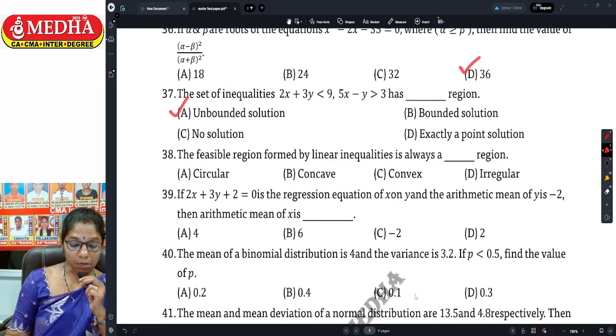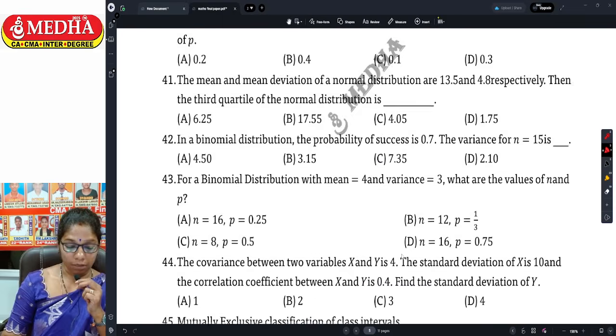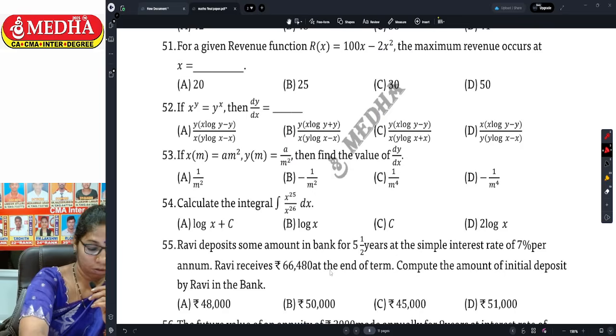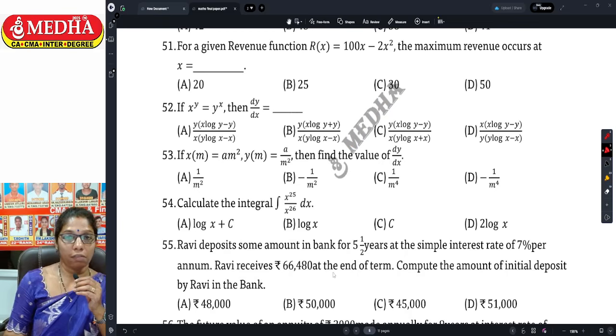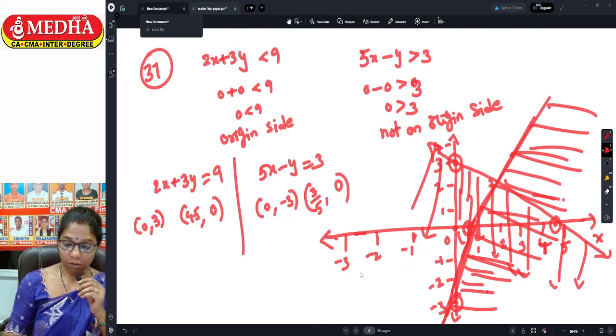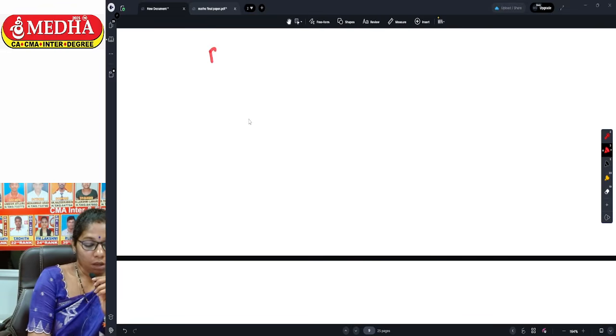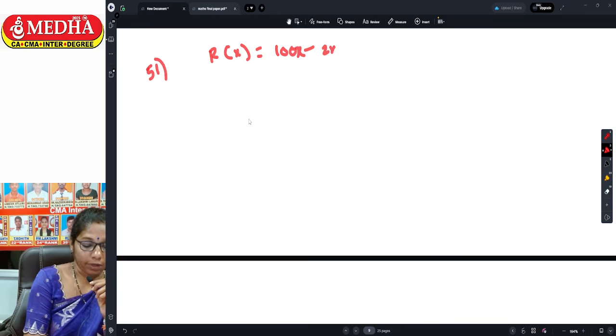Next one, the feasible region found by linear inequalities is always a convex region. Next one, for the given revenue function R of x is equal to 100x minus 2x square, the maximum revenue occurs at x is equal to. Question number 51, R of x is equal to 100x minus 2x square.